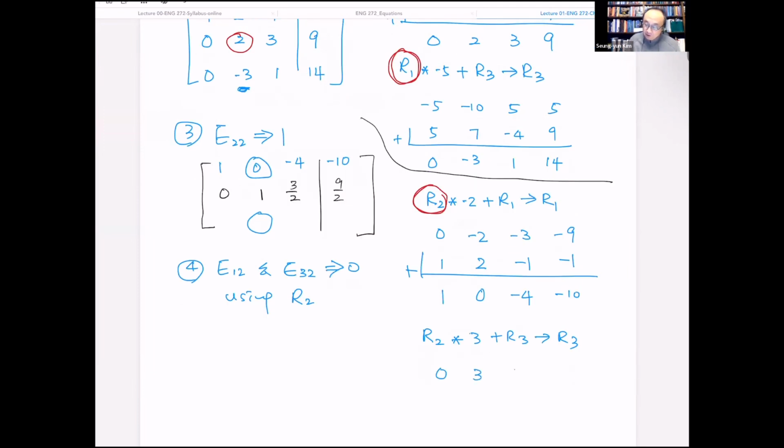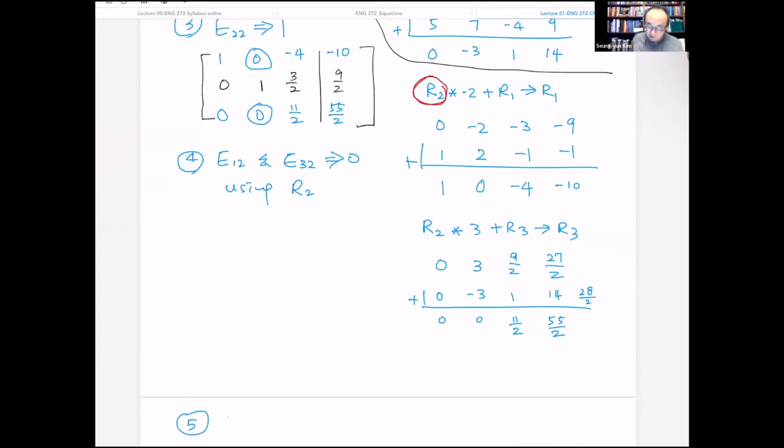0, 3, 9 over 2, 27 over 2, and then row 3, 0, -3, 1, and 14. We add 0, 0, 11 over 2, man, big number, 28 over 2, right? So you add 55 over 2: 0, 0, 11 over 2, 55 over 2.